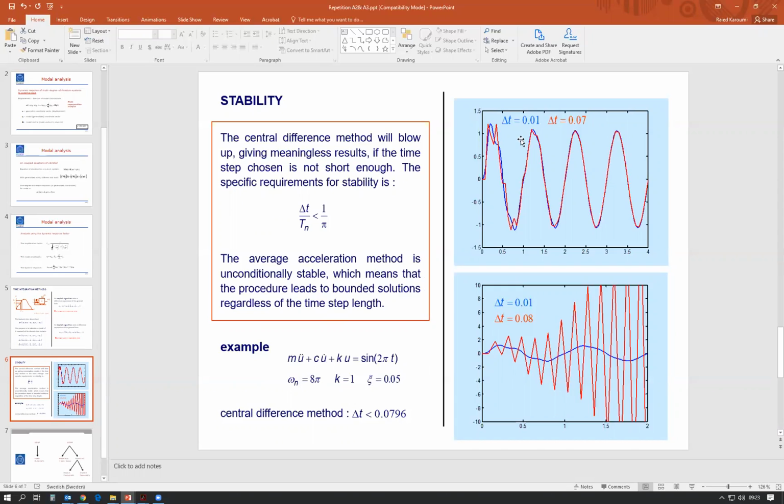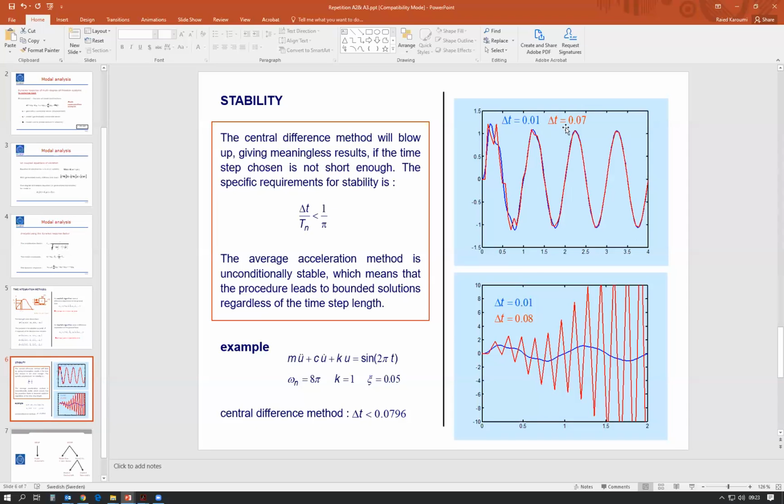If we have a look at, for example, two different delta t's, 0.01 and 0.07, both of them are less than this, and we solve for the central difference approximation, we see that we get quite a good agreement.